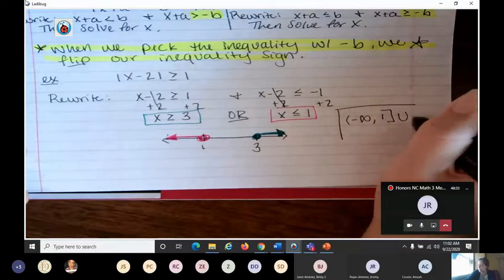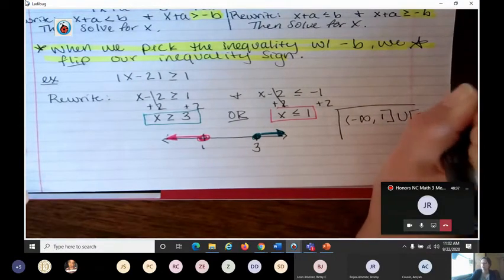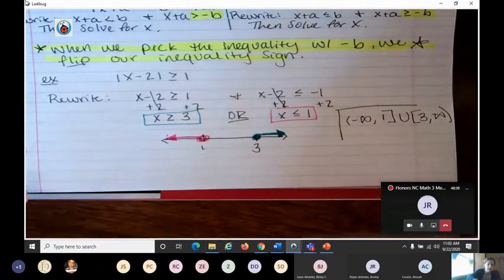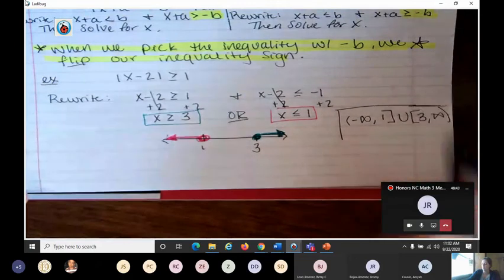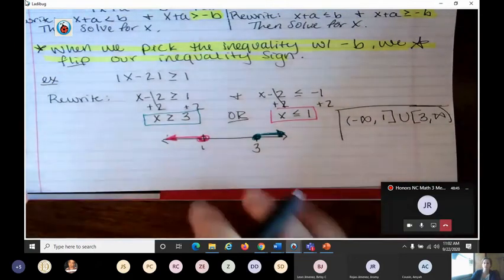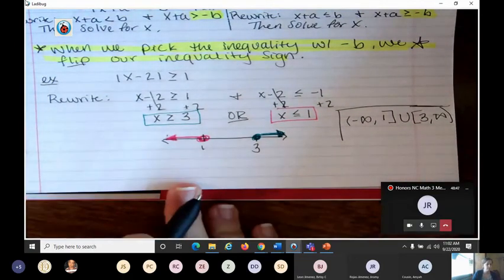We might have just said and 3 to infinity. So you could do it like that. If you wanted to, that's totally fine. But this is also an option if you just want to leave it like this. Okay. Thank you. What other questions do you guys have about this example?